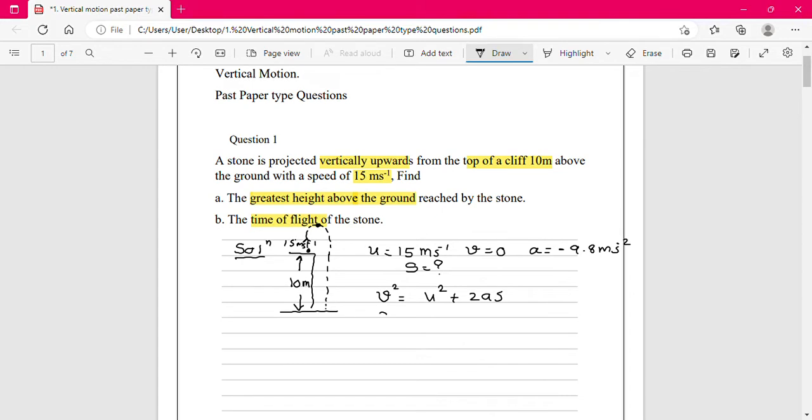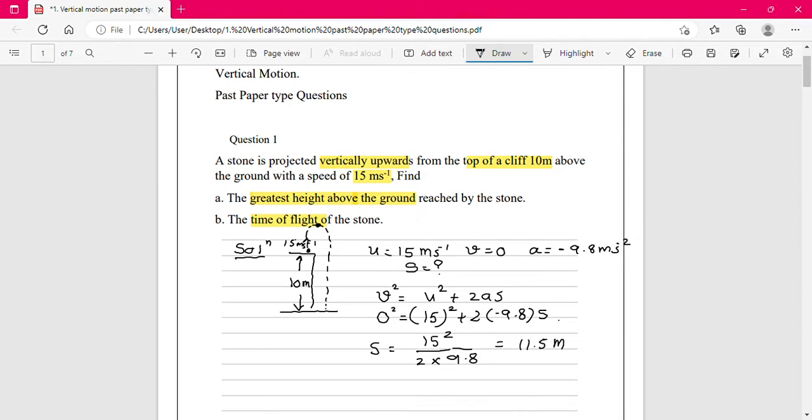V square is 0 square, U square is 15 square, plus 2 into negative 9.8 into S. So that means S is equal to 15 square upon 2 into 9.8, which will come out to be 11.5 meter to 3 significant figures.